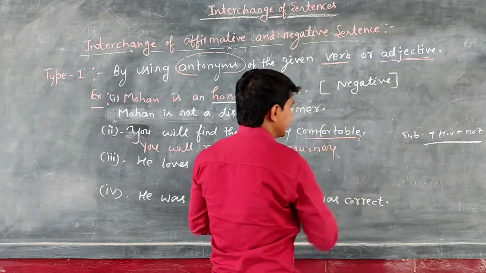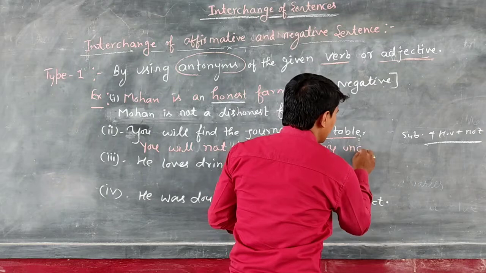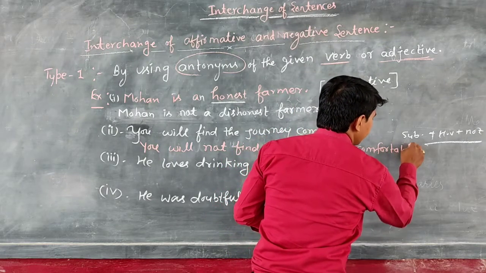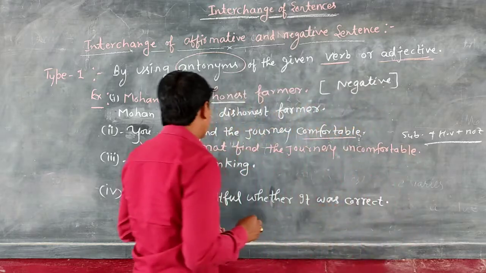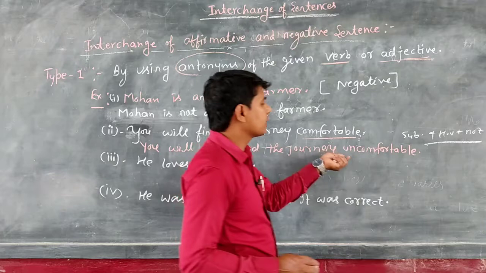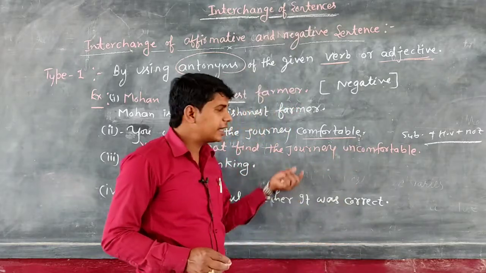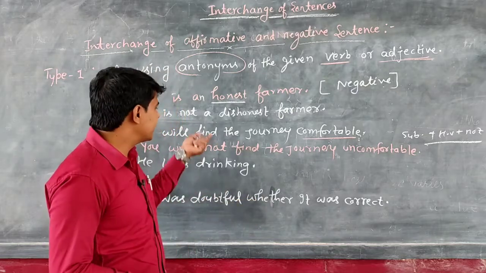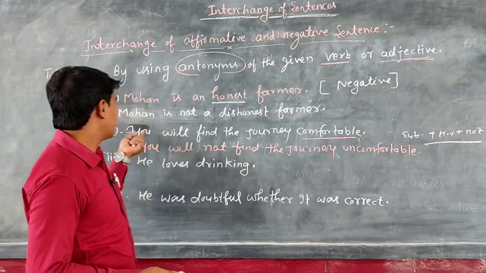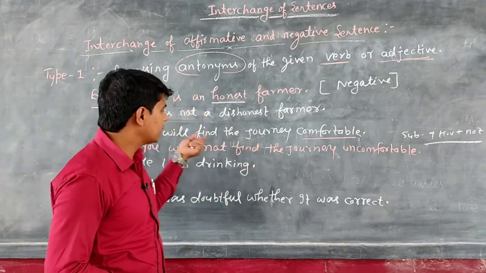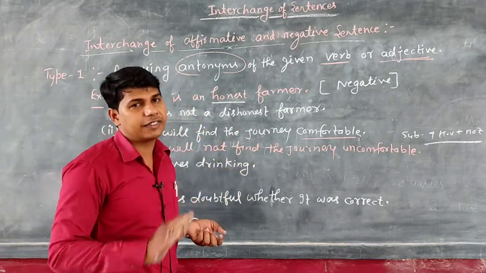Comfortable is an adjective, so you will use the antonym uncomfortable. So you will write: You will not find the journey uncomfortable. If the journey is not uncomfortable, then what will you find? Comfortable. So the meaning of both sentences is the same, but the form is different.